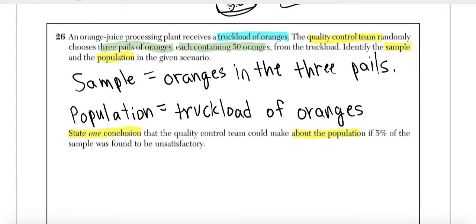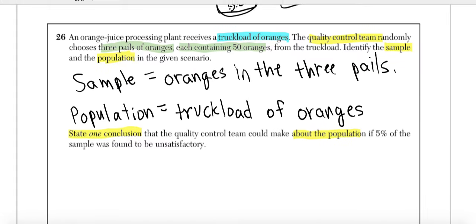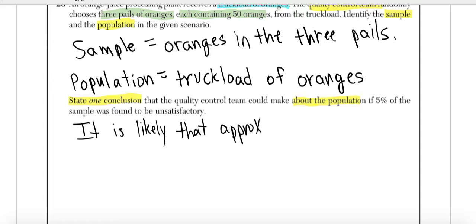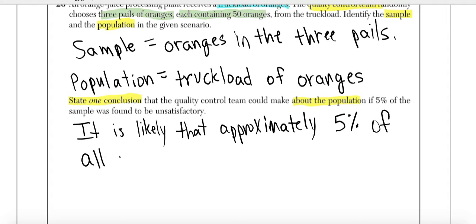So if 5% of the oranges in the 3 pails were found to be unsatisfactory, then in the population, what we could say is that it is likely that approximately, because we don't know for sure, 5% of all oranges in the truckload, remember, that is the population.